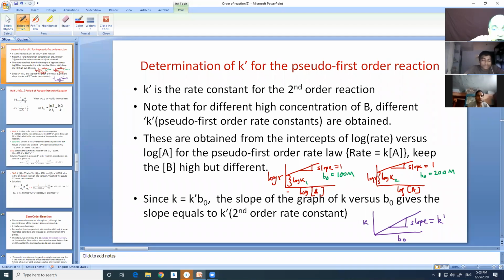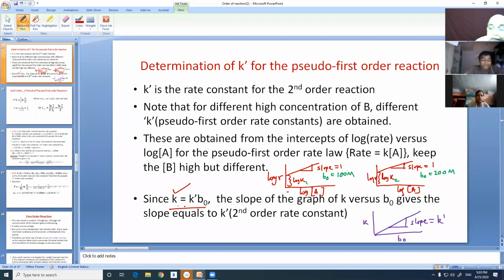So you get 2 or 3 or 4, 5 K values at different high concentrations of B. And then you follow this expression. This one is Y is equal to mx, the intercept is 0. So you draw a graph of variable K and the variable initial concentration of capital B, that is B0.